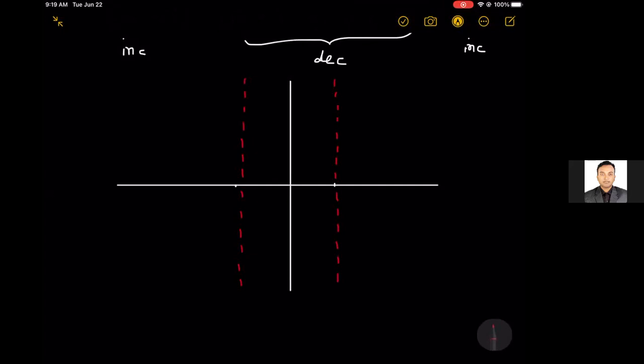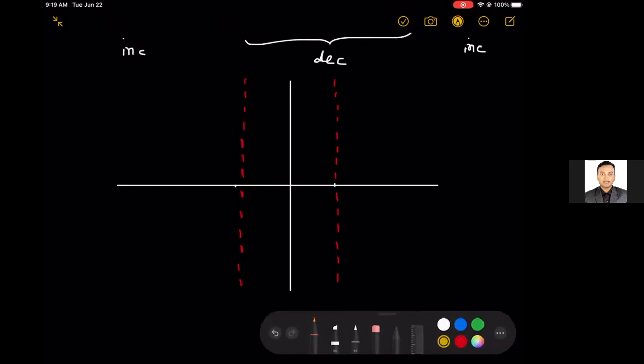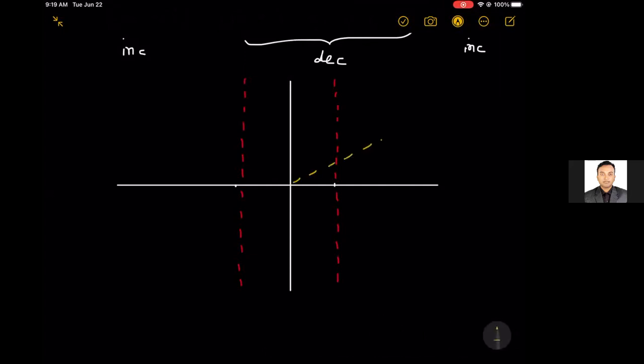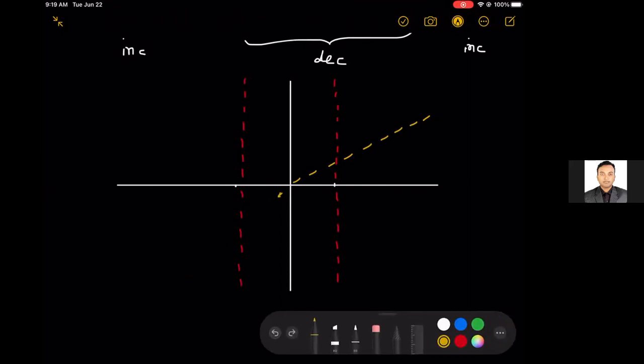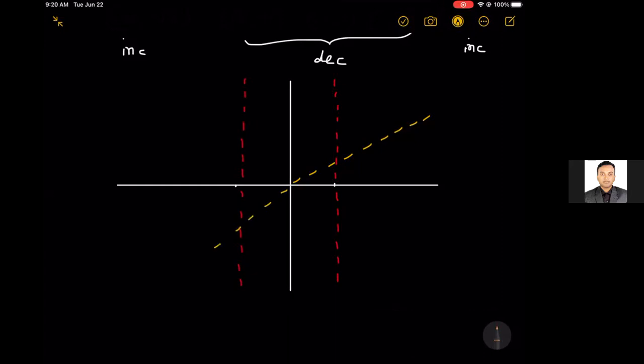We also have a slant asymptote, y equals 10x. It should look like this. As I draw the second half, it should go this way. Anyway, let's just imagine, because we are drawing it using just the measurements. We're not really drawing it properly. Okay, so these are the informations we have initially.